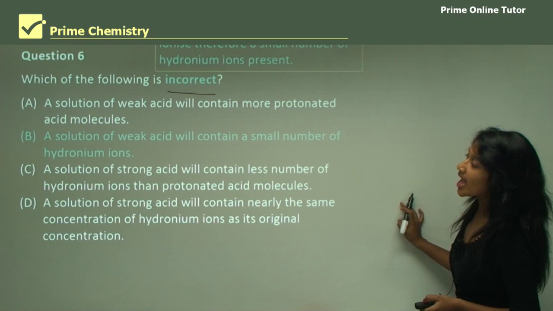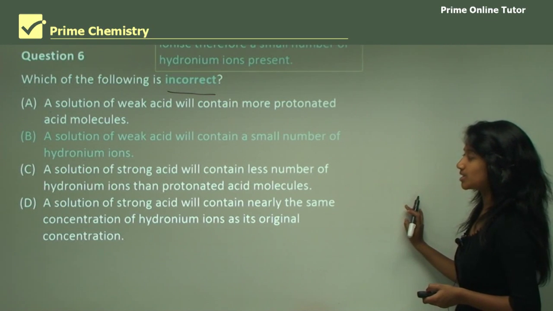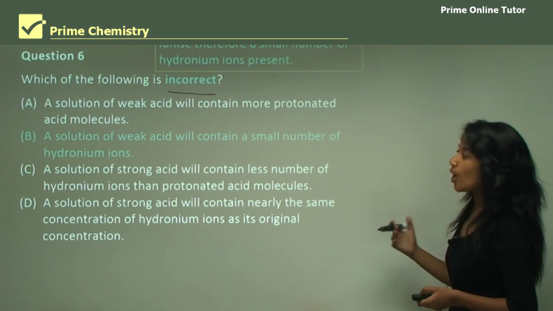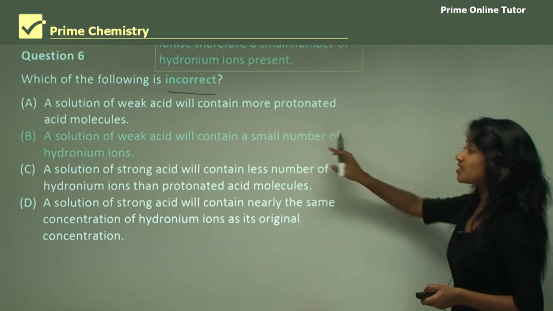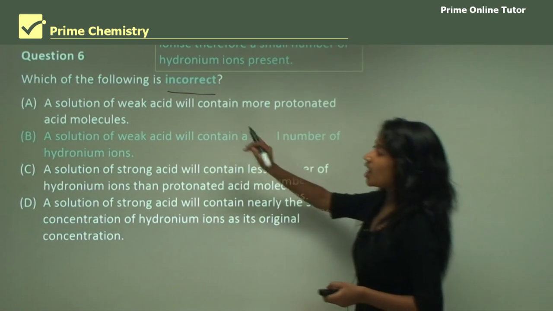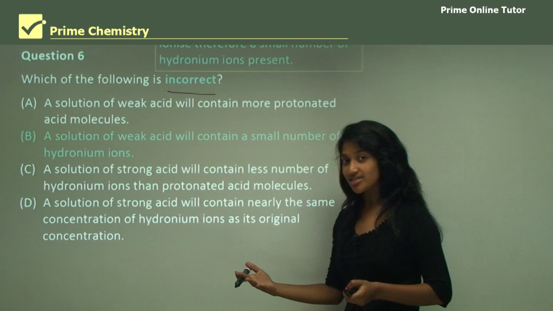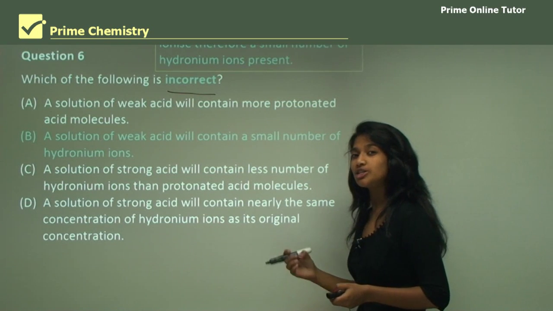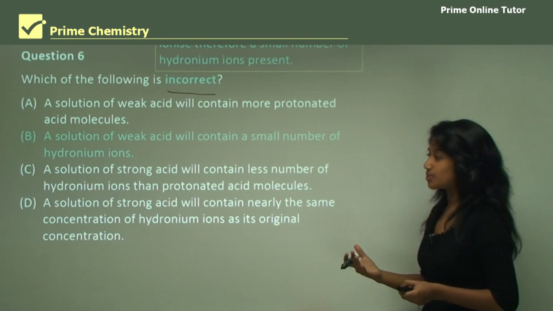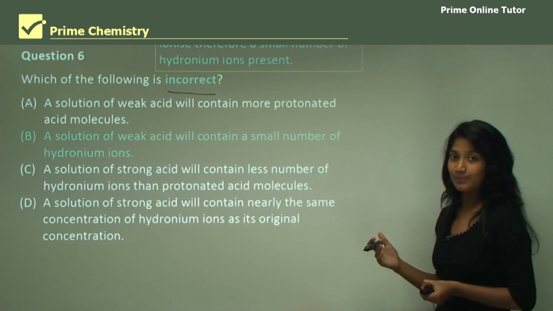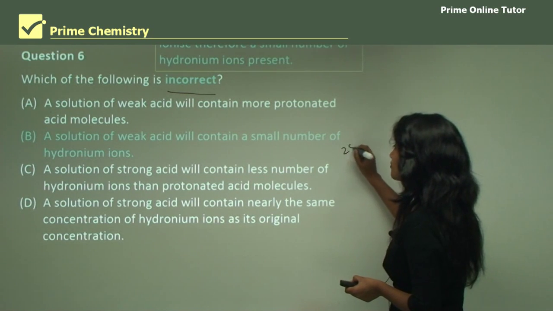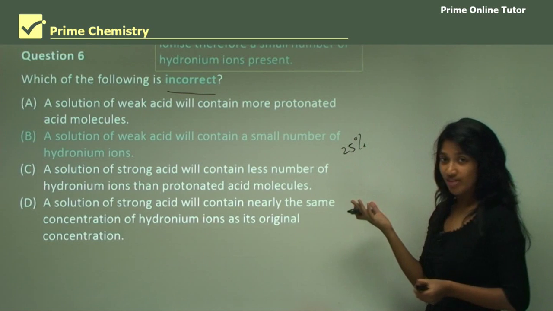Now let's consider option B. Option B says a solution of weak acid will contain a small number of hydronium ions. Now this is correct because a weak acid partially ionizes, which means it's only partially going to produce the hydronium ions it can. In other words, let's say it has a 25% ionization rate.